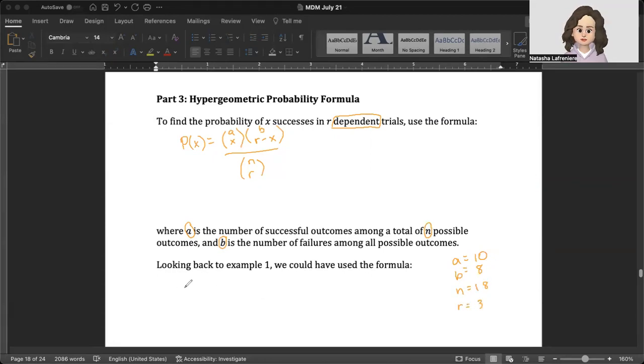So that's what we're looking for. So we could have just used this for each probability calculation, with C(8, 3 minus X) over C(18,3).